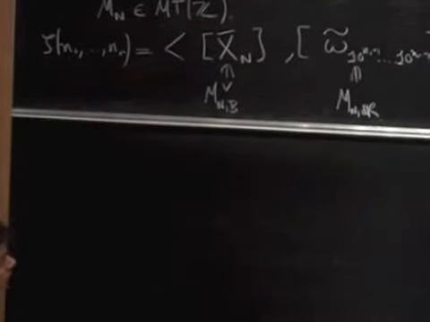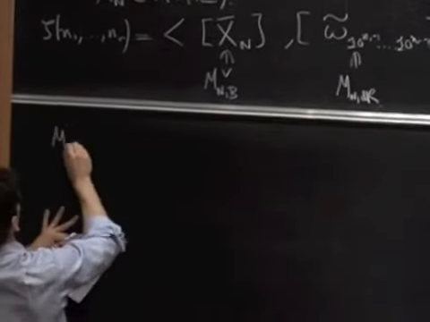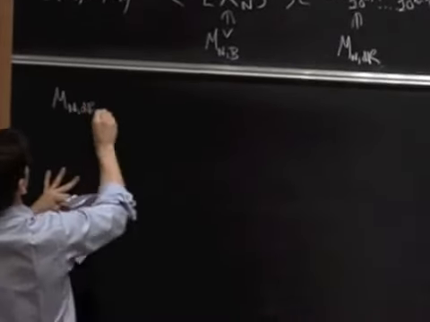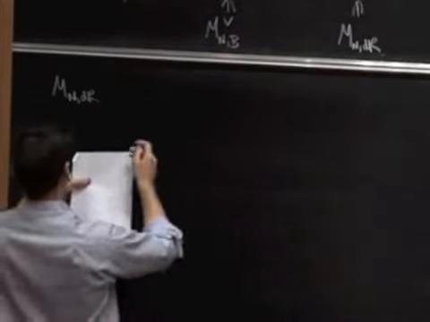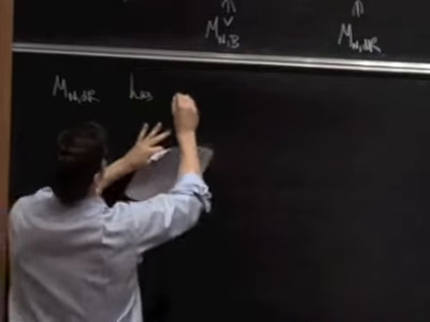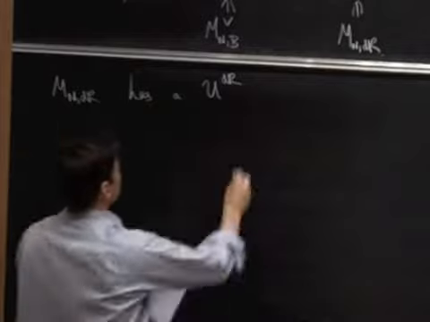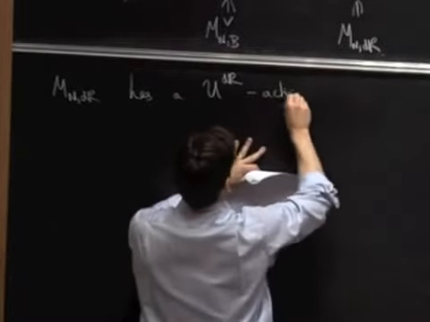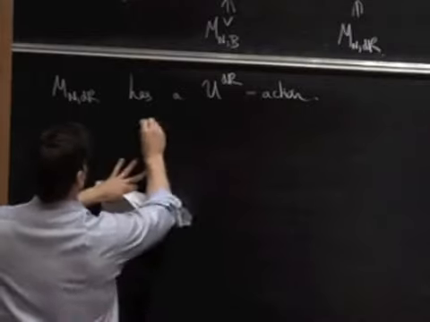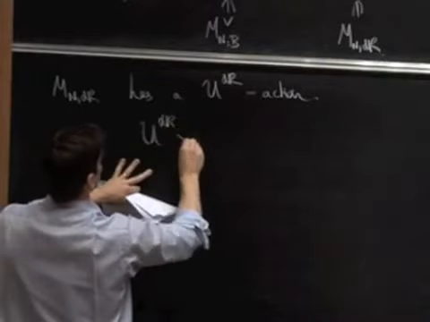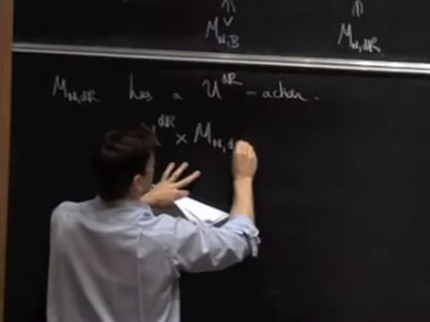And so now the key point of the whole thing is that because of this Tannakian formalism, the de Rham realization of an object in this Tannakian category carries, by definition, an action of the Tannaka group. So it has a U-de Rham action. This is the whole point of the construction, that we now see that this pro-unipotent group acts on these differential forms and moves them about in some interesting way.